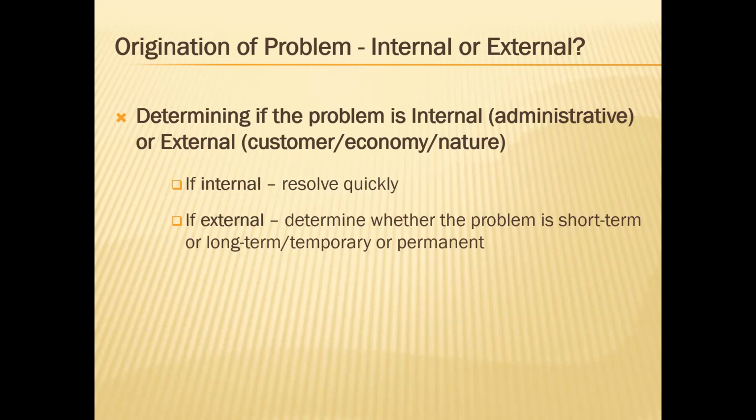Quickly check to see if it's on some suspense account, and if it is, try to transfer it to the customer's account quickly. Okay, so if it's internal, resolve quickly, or it could be that the money is there on the customer's account, but for some reason the standing order, the automatic transfer, stopped working. So you need to check that and probably some other customers' accounts to see if other customers may have also been affected.